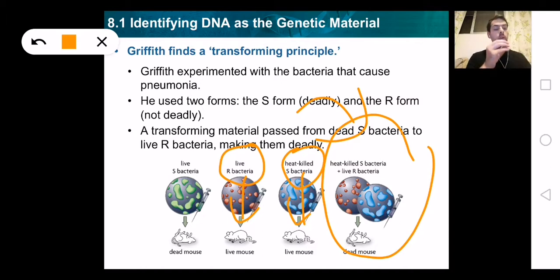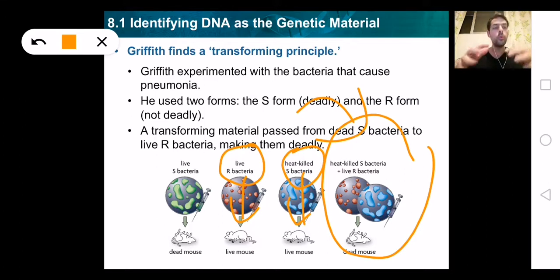There is something that went from the heat-killed S bacteria to the live R bacteria, and made this R bacteria have what? A shell that protected it. And he called this thing that changed the R bacteria what? He called it the transforming principle.